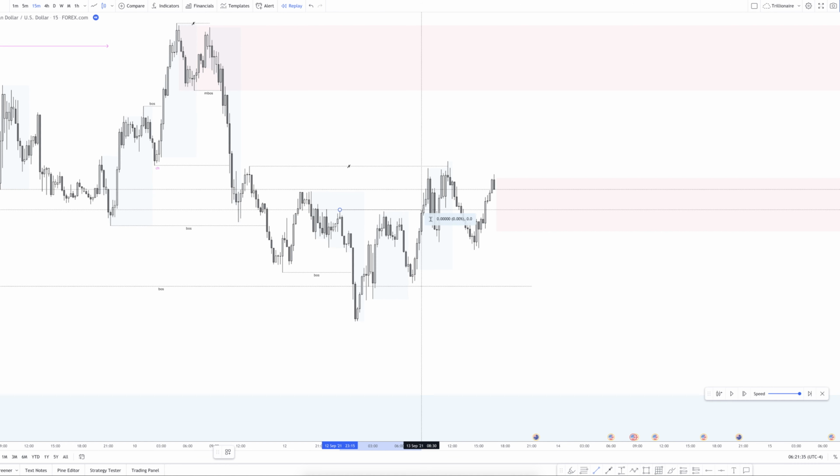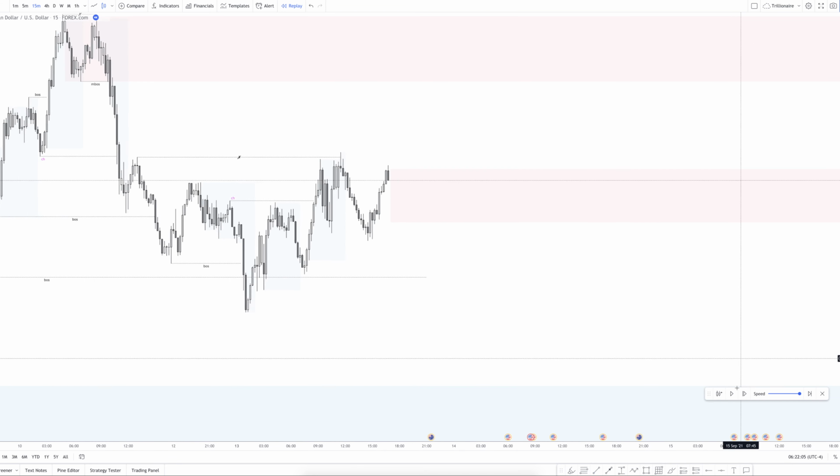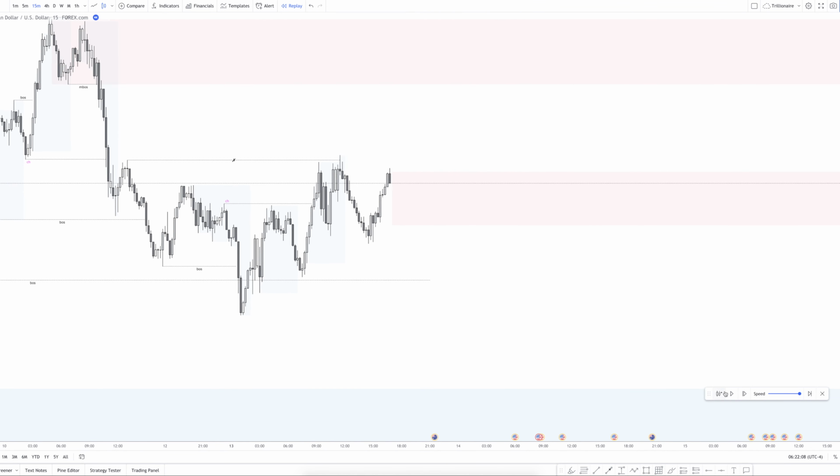Shift of momentum here, bullish, creating a certain type of structure. So now we can start to play price out. We're playing within this range overall. From here to here.